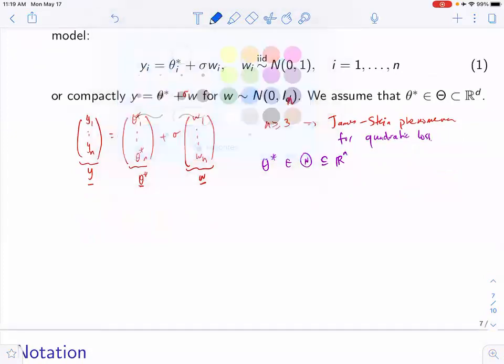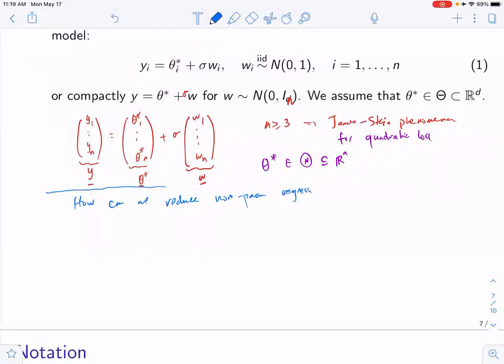So how can we reduce non-parametric regression to this setup? Anyone can see how.